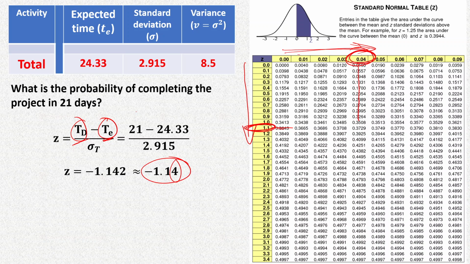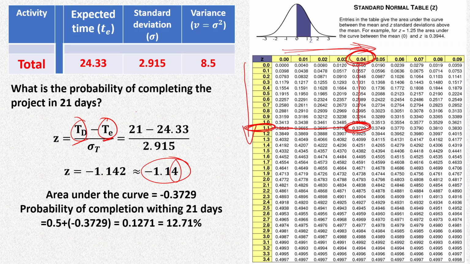From these we'll converge at this value, that is 0.3729, but we'll have to use the minus sign here because our Z value itself is minus. Therefore, the probability of completion within 21 days is 0.5 minus 0.3729, and that gives us only 12.7% probability.